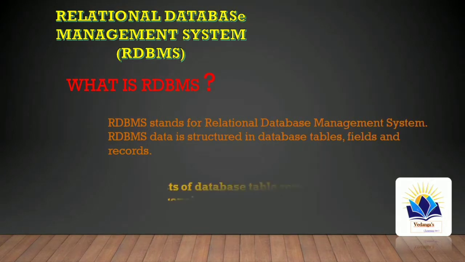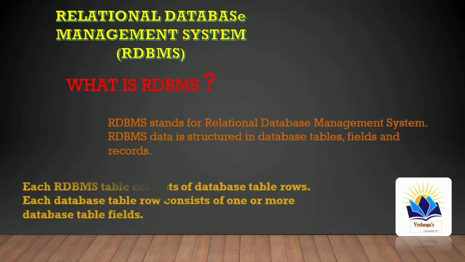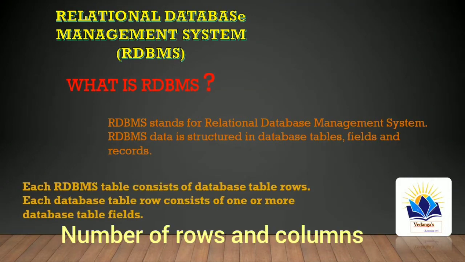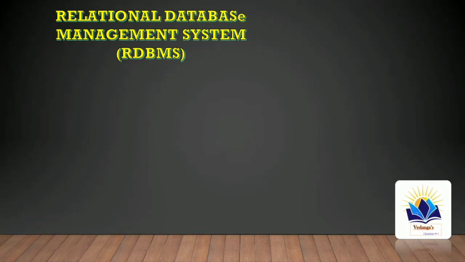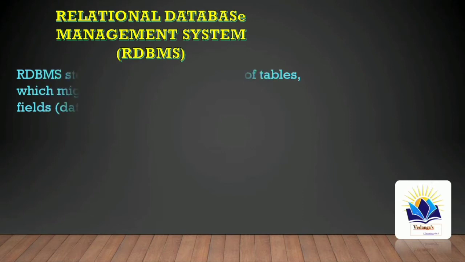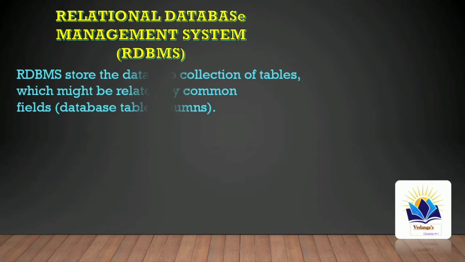Each RDBMS table consists of database table rows, and each database table row consists of one or more database table fields. The Relational Database Management System stores the data in a collection of tables, which might be related by a common field, the database table column.